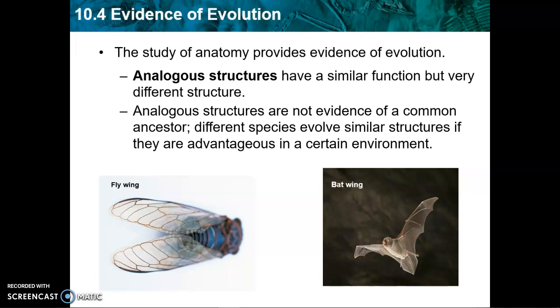And so this would be an example of two very different ancestors, and the lines of descent from those ancestors evolved into organisms that live in a similar environment. They both fly, but the underlying structure of the wing itself is very different. So it would not suggest that they are particularly closely related to each other.